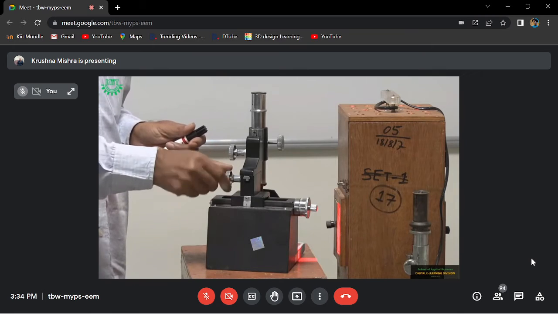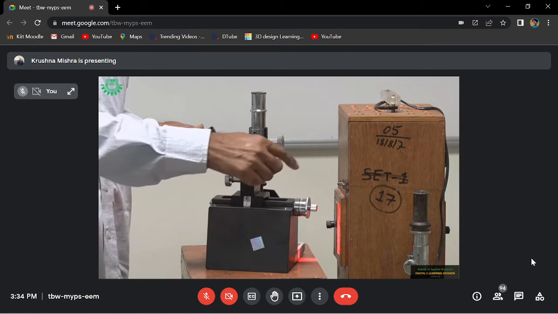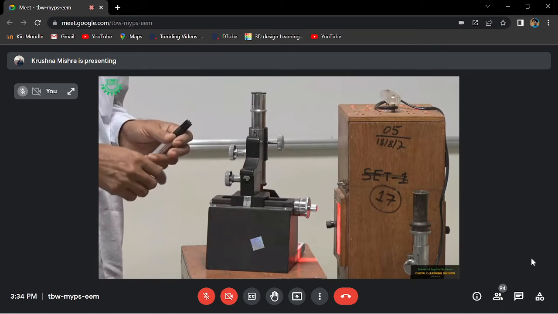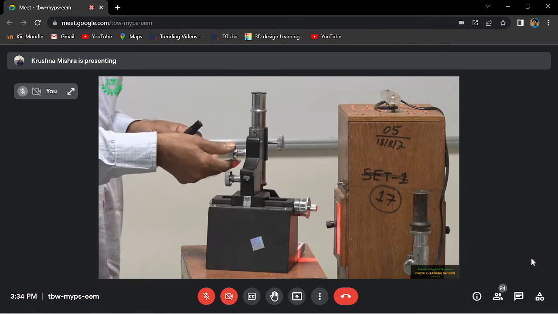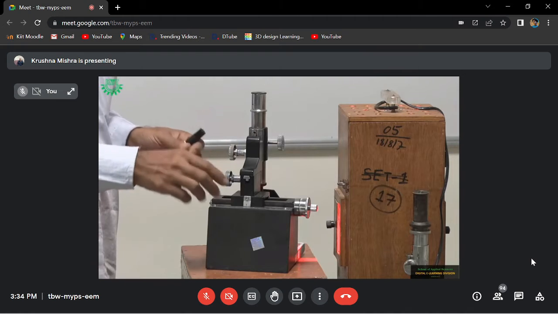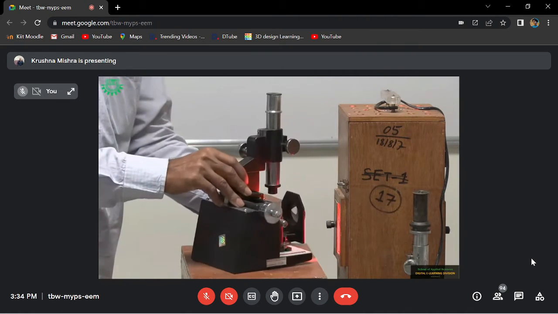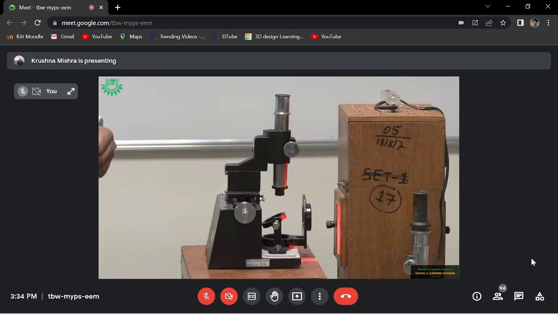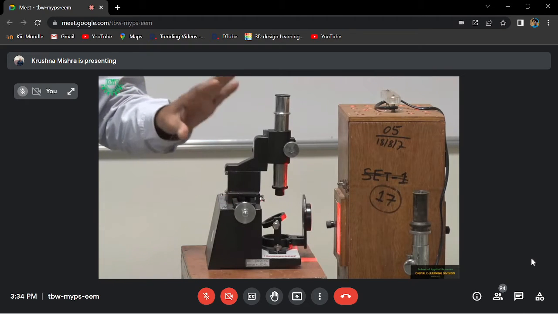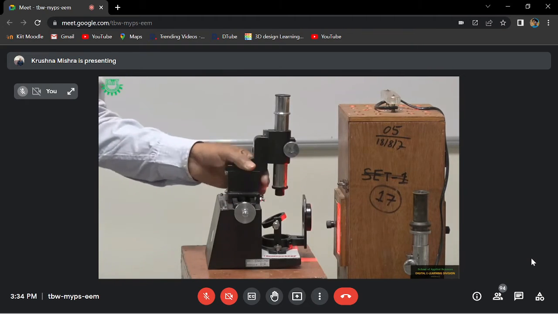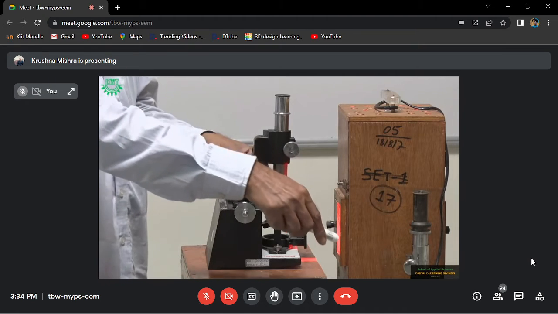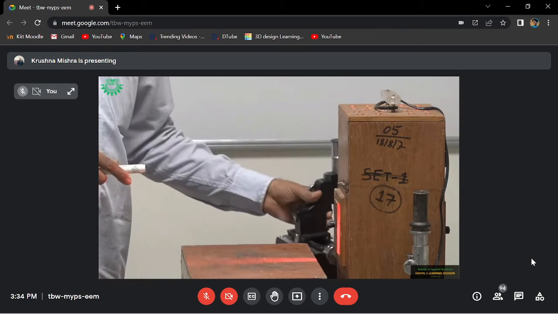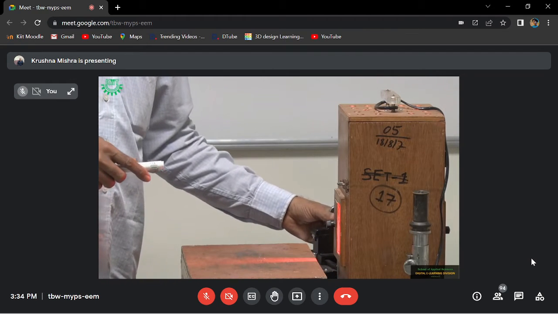If you rotate this, it can go left or right, that is to and fro motion, and here up and down motion. So this is also a screw working on the same principle. This is a compact set, so any one of these two we can take and find the diameter of the rings.